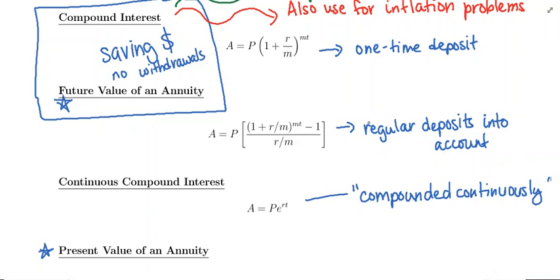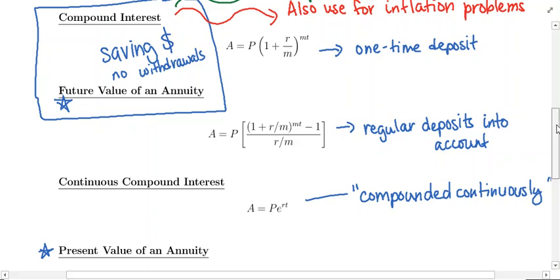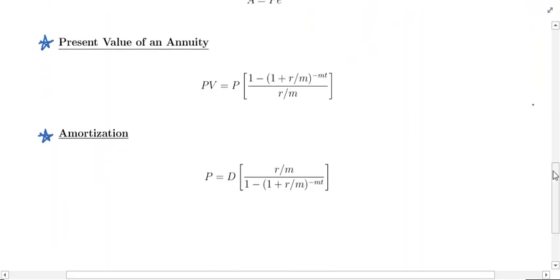You might be putting in money every month or every week, for example, and then you just let that money grow through the regular deposits and through the interest that accumulates, and there are no withdrawals. Present value of an annuity is a whole different ball game. It's still going to involve an annuity, which remember means just a sequence of regular payments, but it's a whole different ball game here.